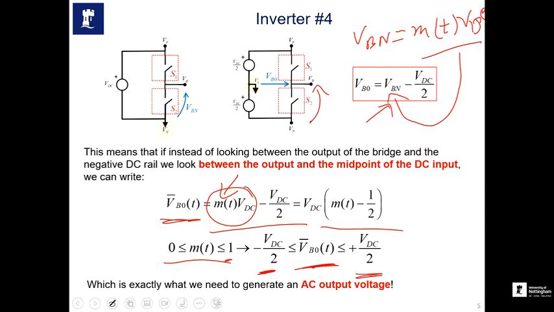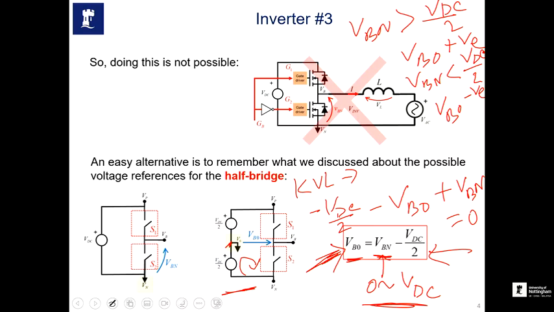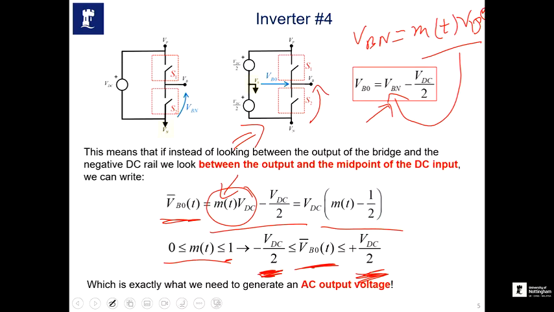So by using the two extreme values of MT, we get the two extreme values of VBO, the average of the output voltage for this circuit. And as you can see, the average of the output voltage is changing from minus VDC by 2 to VDC by 2.